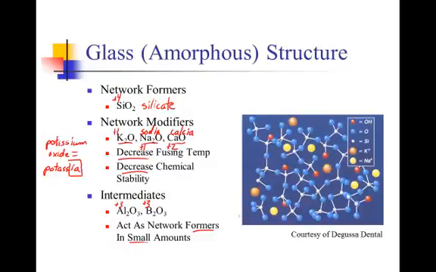So everything we've discussed so far is in terms of modifying the melting point of glasses. A similar effect is seen if we add network modifiers and intermediates to crystalline silicate materials instead of glassy silicate materials.